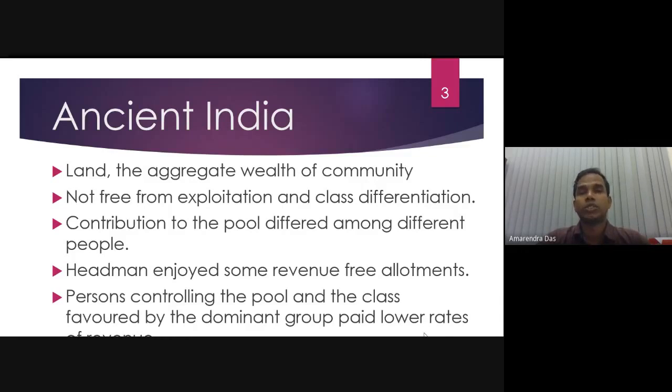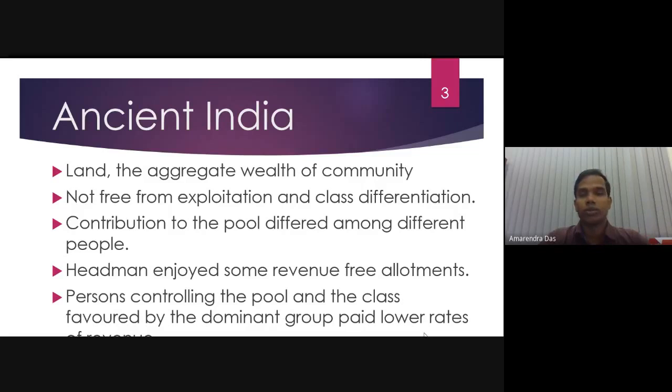It was not homogeneous in the village, because the headman of the village enjoyed some revenue-free allotment, and the persons controlling the pool and the class favored by the dominant group paid lower rates of revenue. So some people paid higher revenue, and some paid lower.